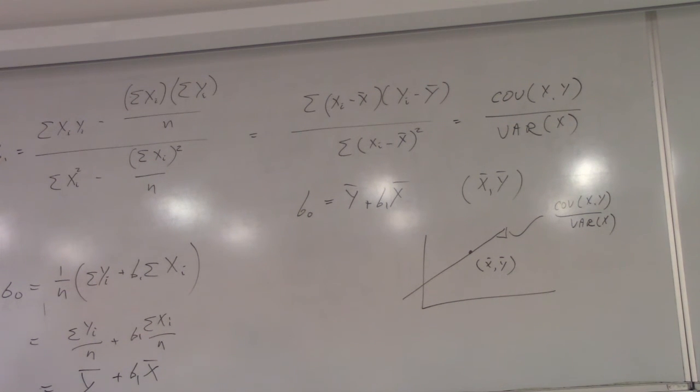This solution to the line is derived via the method of least squares. So when we're doing this, we're finding the least squares line. We have a special name for that line. We call it the regression line. So we're deriving the regression line via least squares.